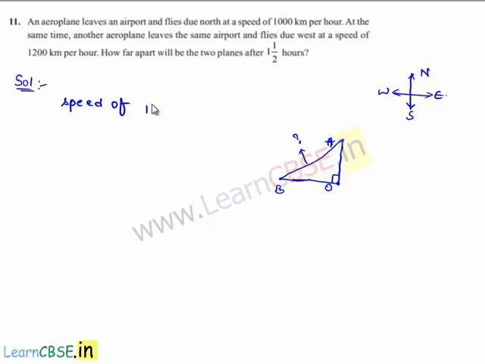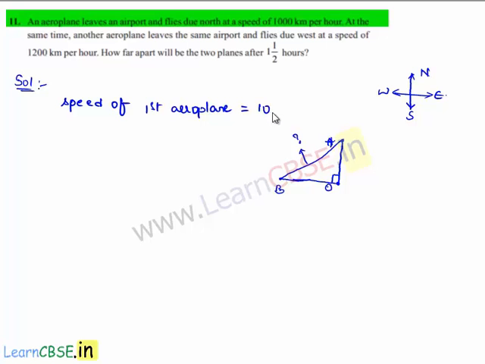Speed of first aeroplane is 1000 km per hour.